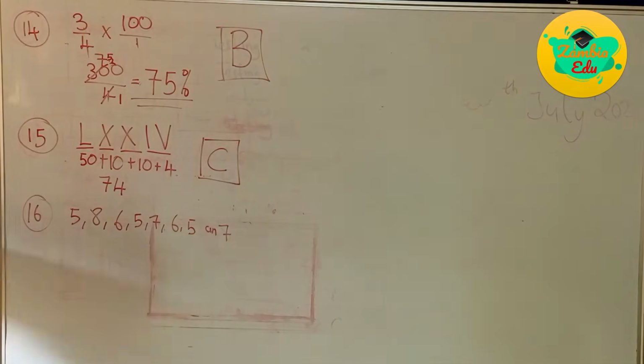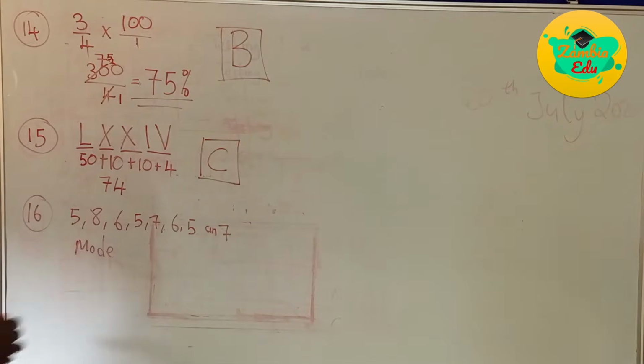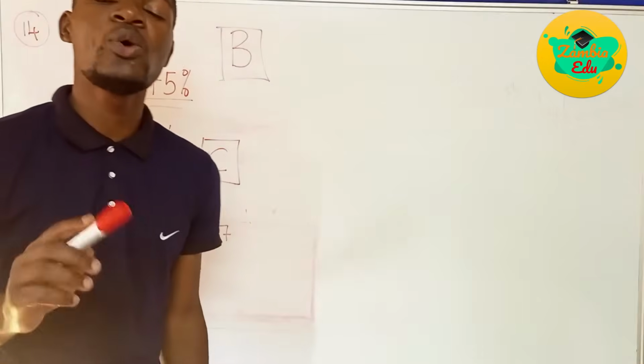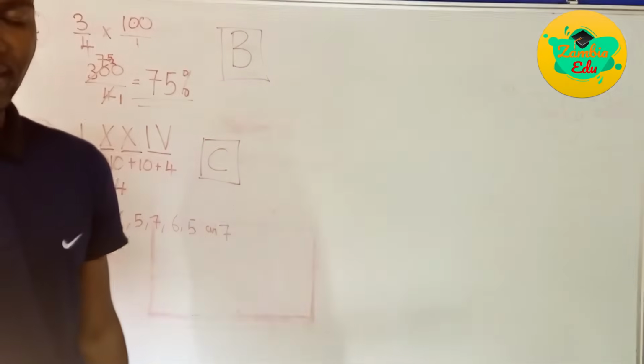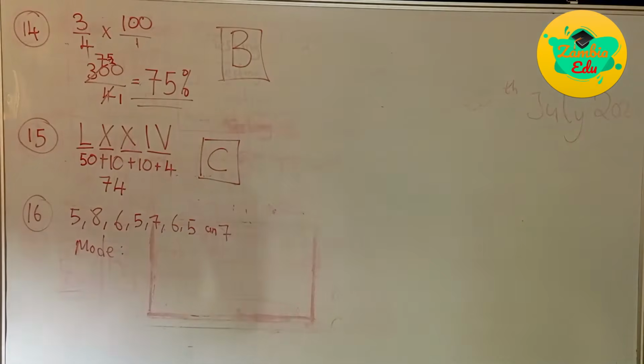So if we talk about the word mode, what does it mean according to statistics? When we talk about the mode, we are referring to the number which is repeated the most.